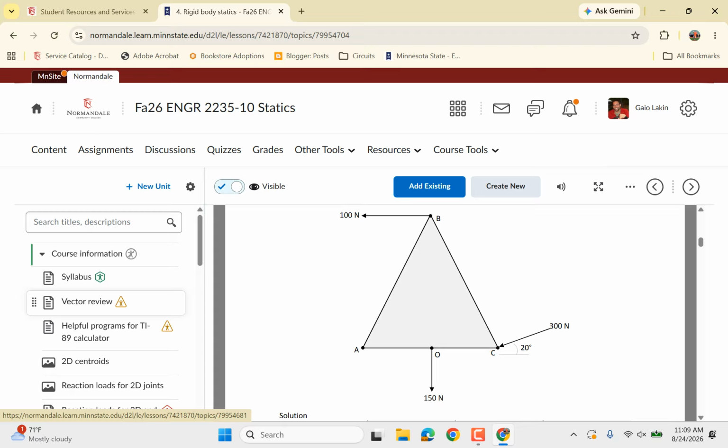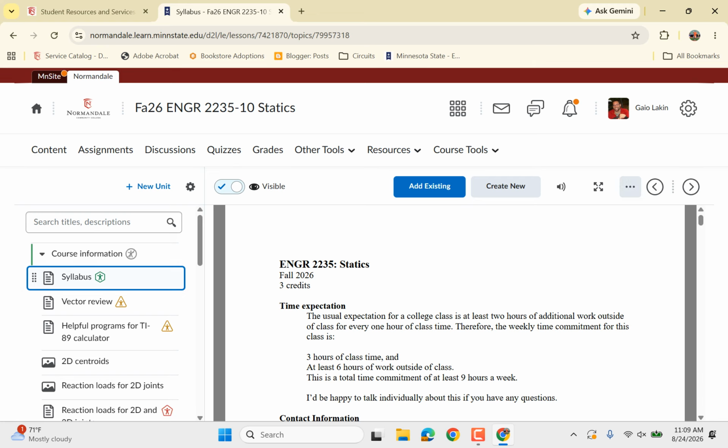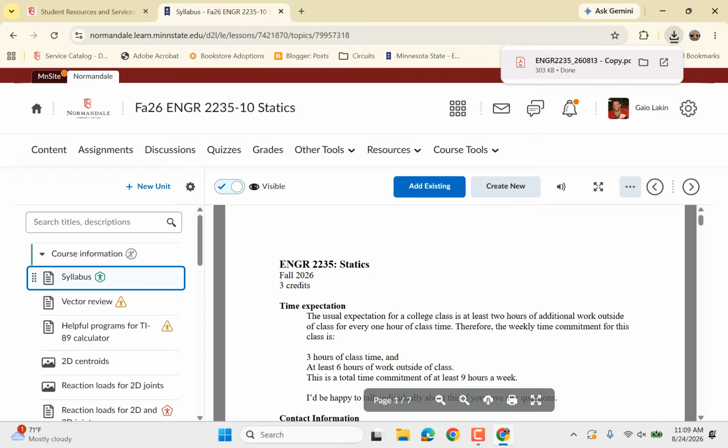This is an assignment that I'm going to give you, not the whole thing, but you'll be asked to read this vector review and do some of the problems after class today. So that's also under course information here. But we want the syllabus right now. So I'll go here and full screen.